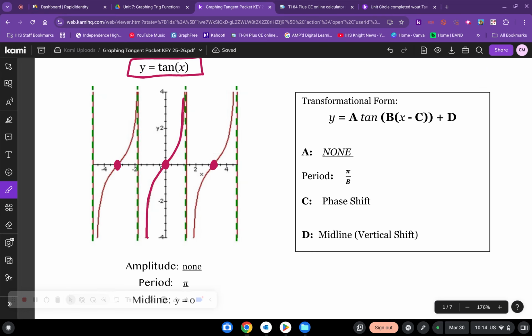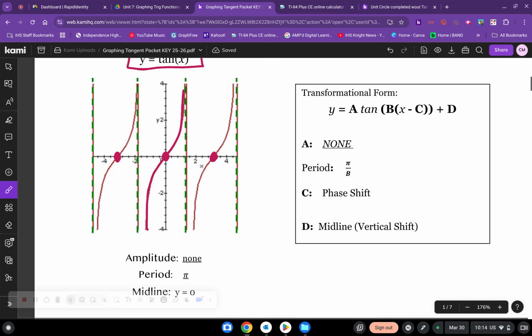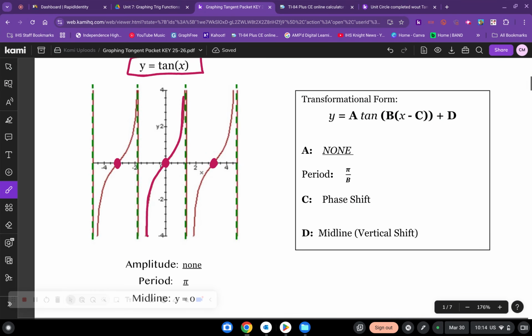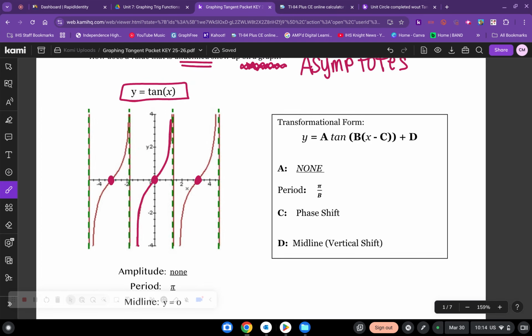And then there are asymptotes that are located every pi units, because it's undefined at pi over 2 as well as 3 pi over 2. So every pi units I have another asymptote. So that changes some of these key features for the parent graph of tangent. And let's take a look at what those things are.